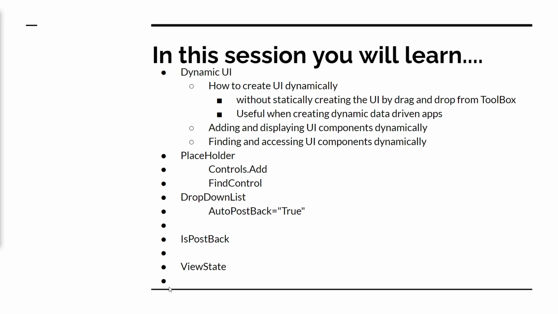So that is why we use an object called ViewState to store what the current UI component is. So we'll be using ViewState to store it, so that whenever we click the next button, we can use that ViewState value and find that control from inside the placeholder. So let's do it practically now.